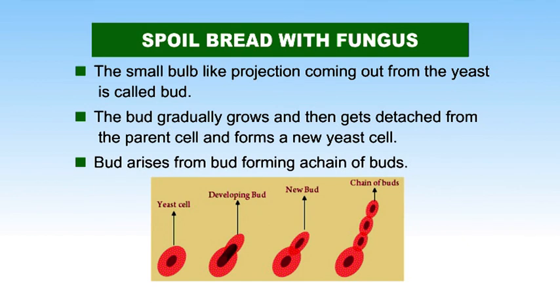The new yeast cell grows, matures and produces more yeast cells. Sometimes another bud arises from the same bud, forming a chain of buds. So, this process of reproduction through bud formation is known as budding.